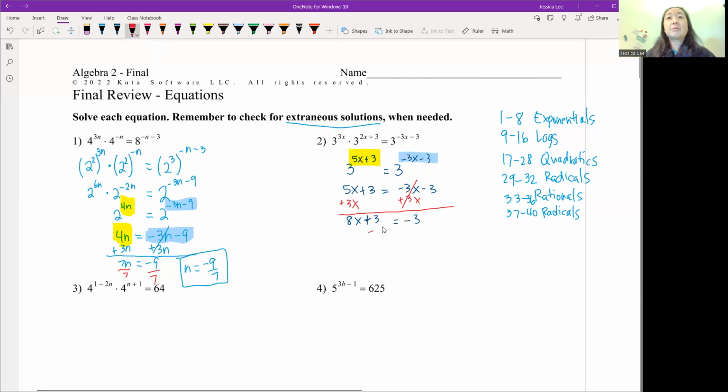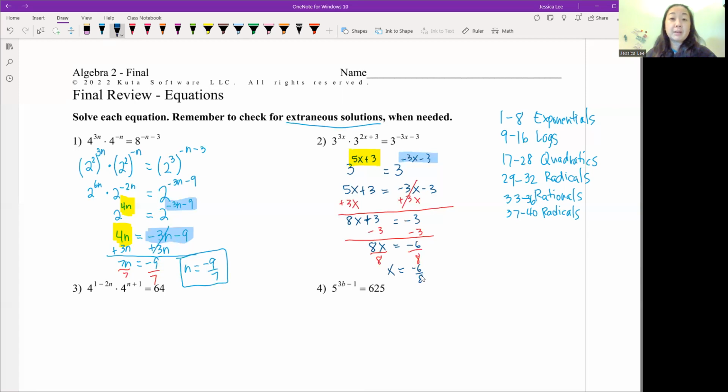And then subtract 3 on both sides. Please make sure that right-hand side does not say 0, because negative 3 minus 3 is not 0, it's negative 6, equal to 8x. And then you got to get rid of that 8. So we're dividing by 8 since 8 is multiplying with x. And so our final answer is x is equal to negative 6/8.